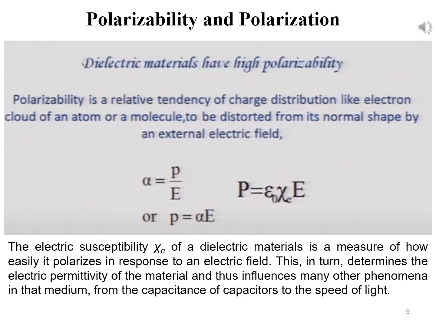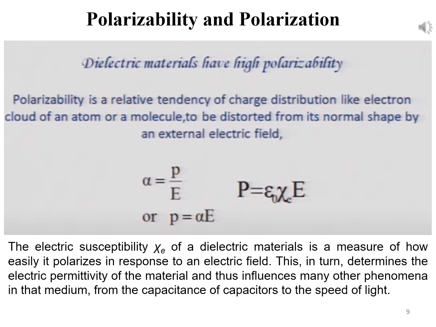So this polarization is directly proportional to the electric field, and if we are talking about more molecules or atoms, then this capital P will be directly proportional to E, and this capital P is for polarization.